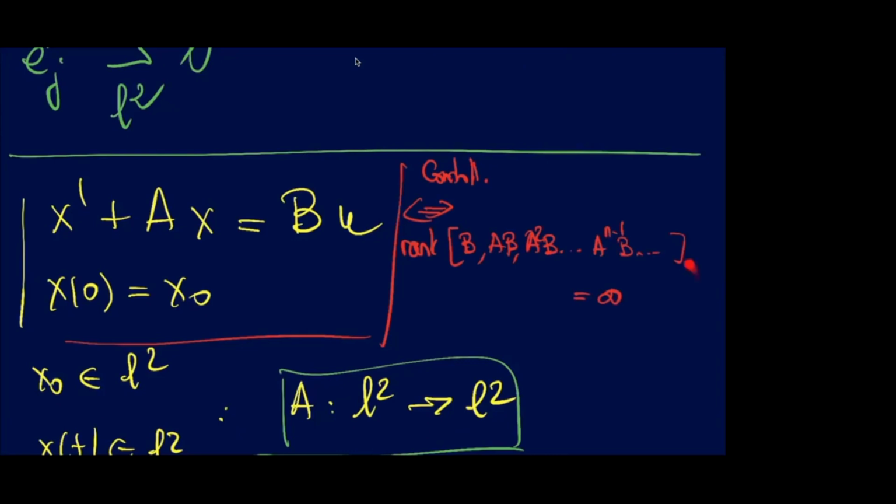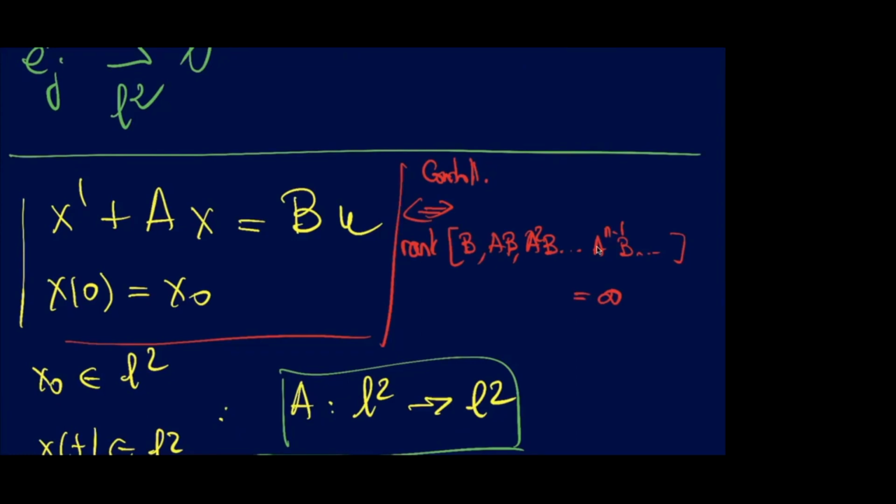This condition makes sense, right? At least I will be able to explain. I don't know whether it is true that the controllability of the system is equivalent to this kind of rank condition. But if you ask me what the rank condition is, I can explain it to you, right?